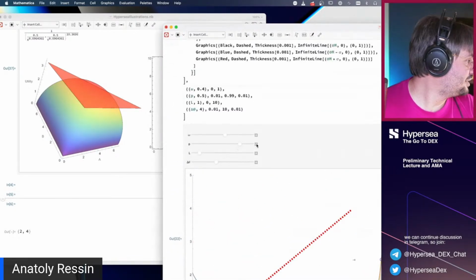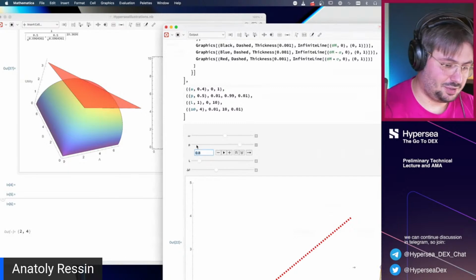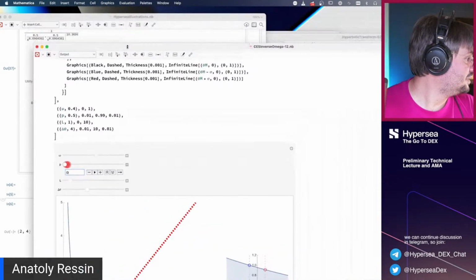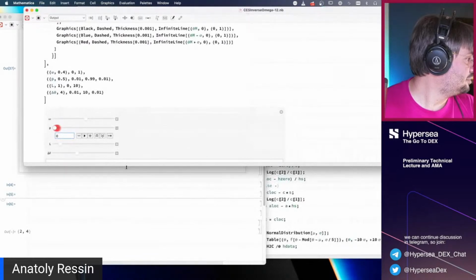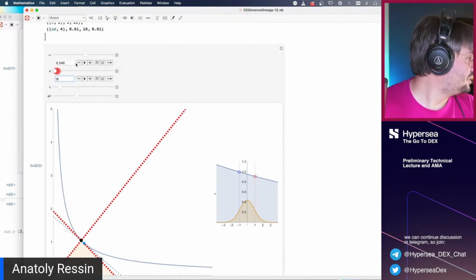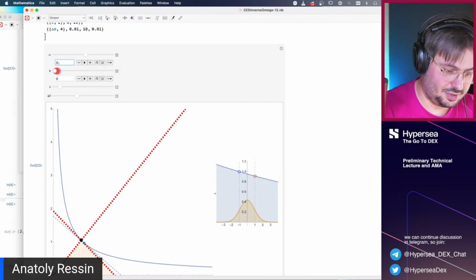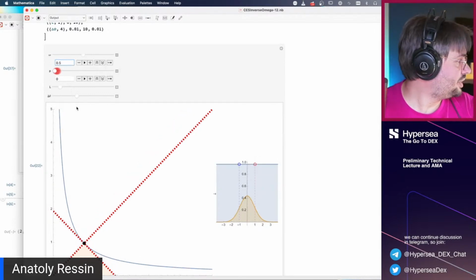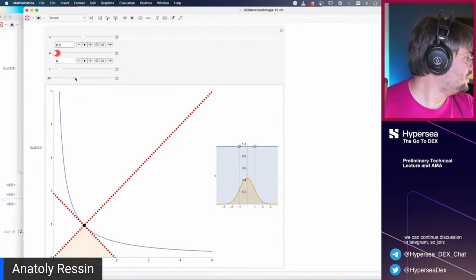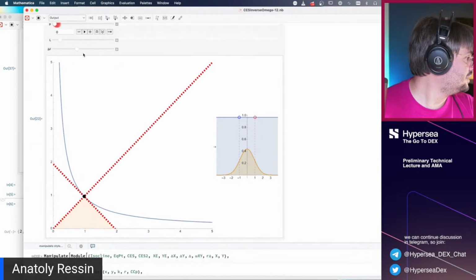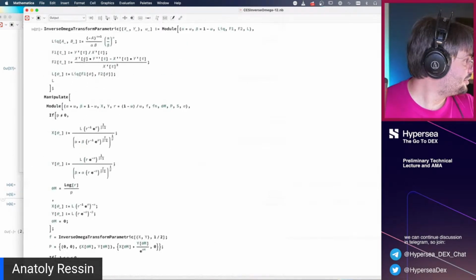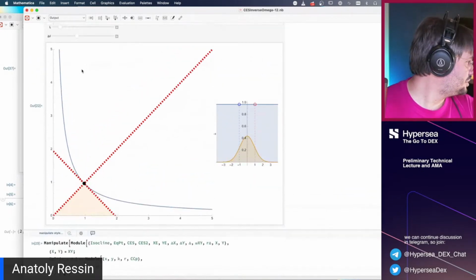So if we have p equal to 0, and omega equal to 0.5, it will create an absolute hyperbola.